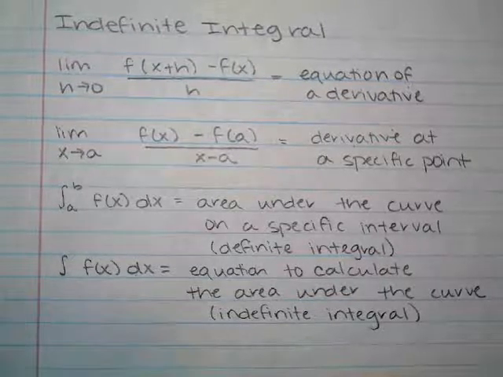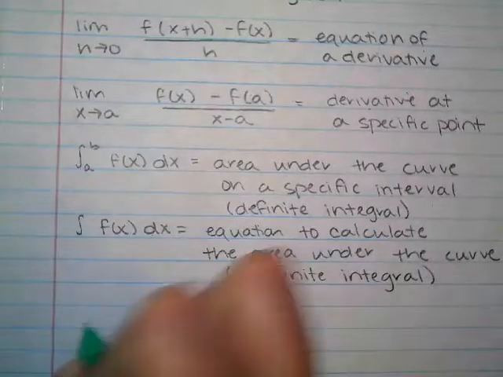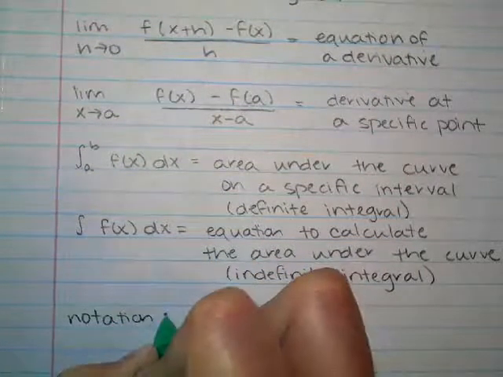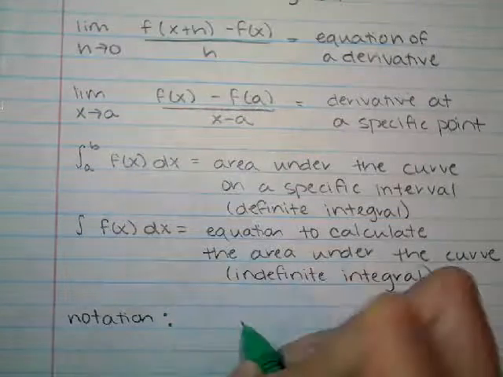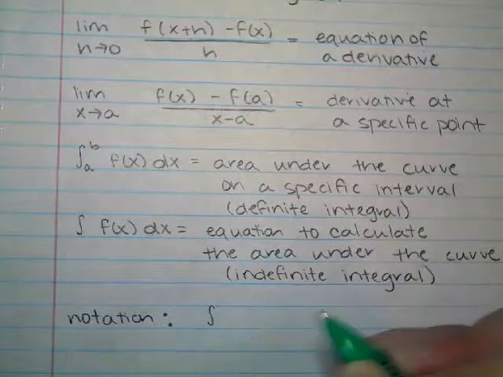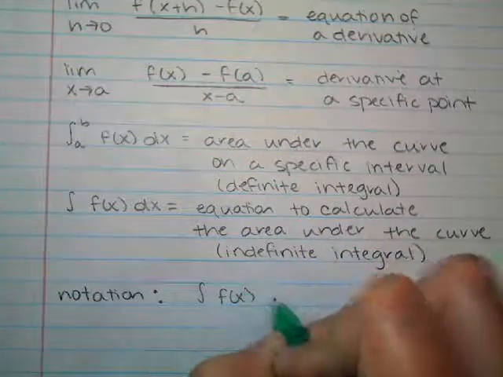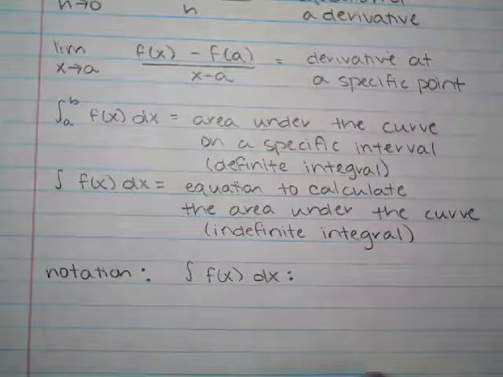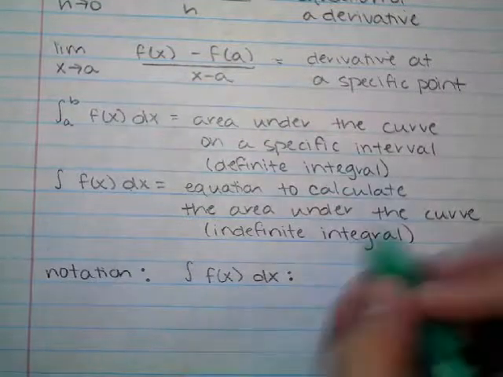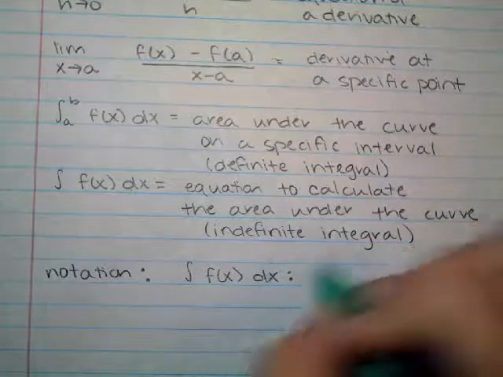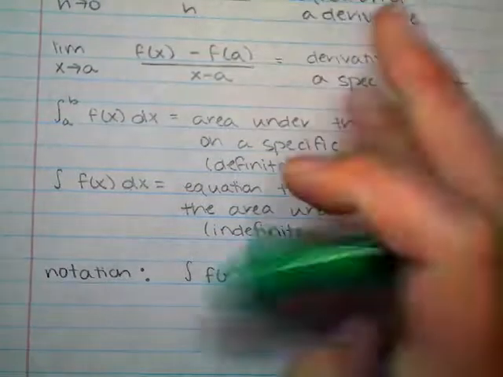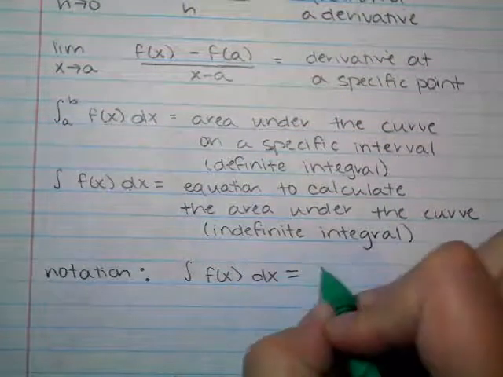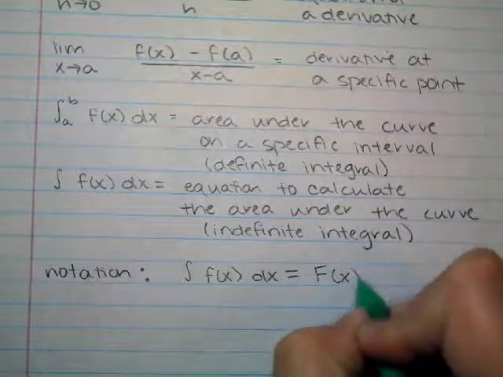The notation that you will sometimes see is you'll see the integration sign, f of x dx, and this is especially for you girls who have different fonts that you write in. This f needs to be lowercase, and then it needs to be very deliberate, that when you integrate f of x dx, you get capital F of x, plus a constant.